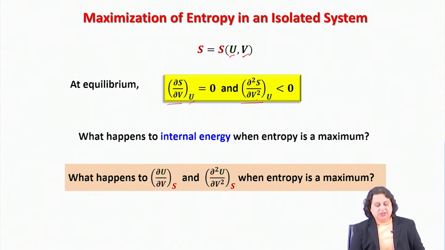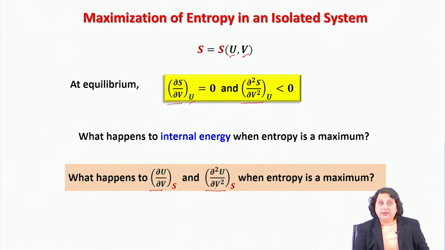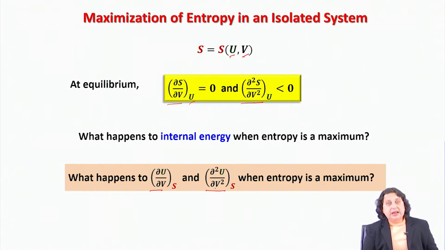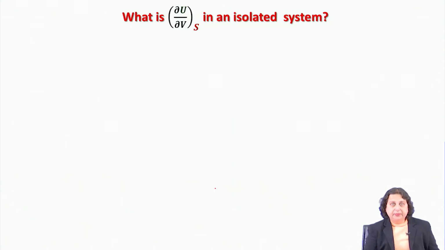Under such condition, if I evaluate these two partial derivatives, they will tell me what would happen to internal energy when entropy is a maximum.